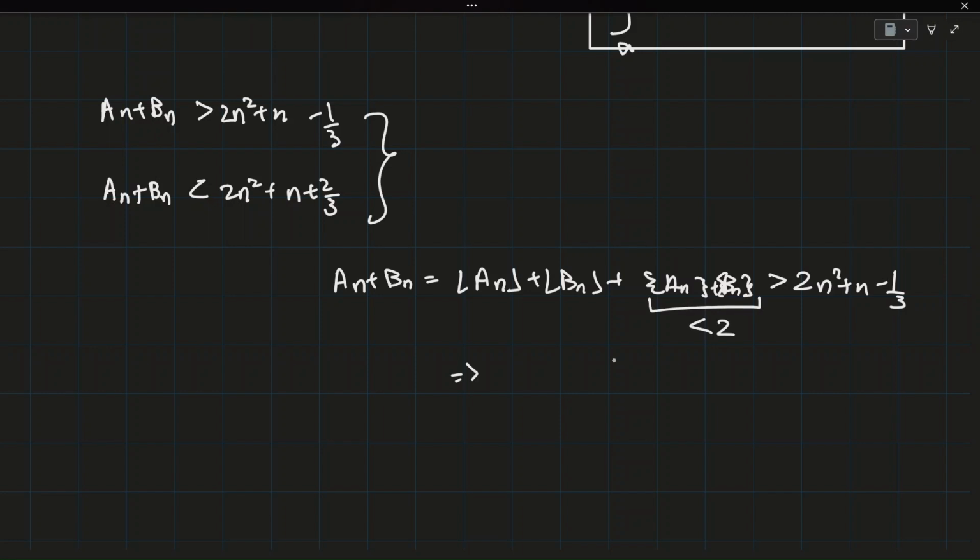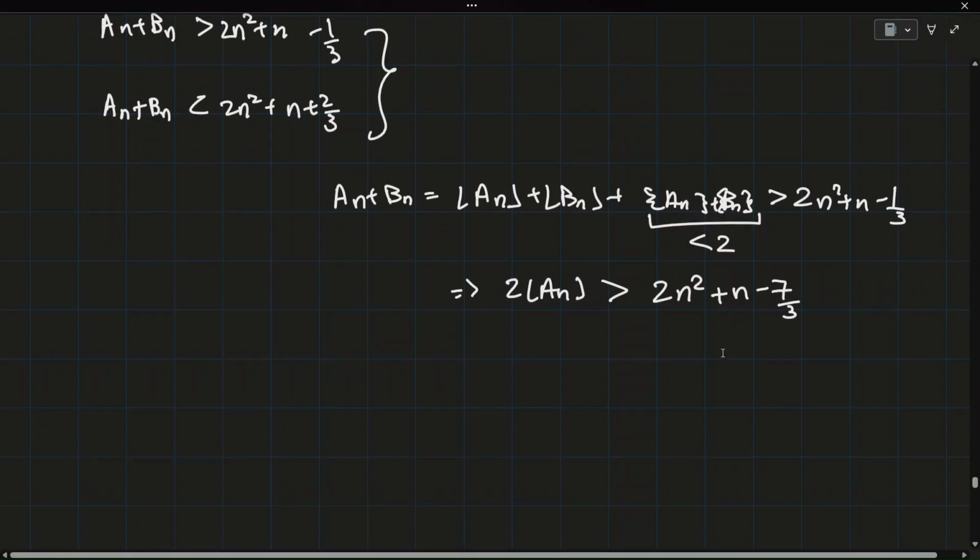So if greatest integer an equals greatest integer bn, we can replace this by 2 times greatest integer an, and this is greater than 2n square plus n minus 7 by 3.